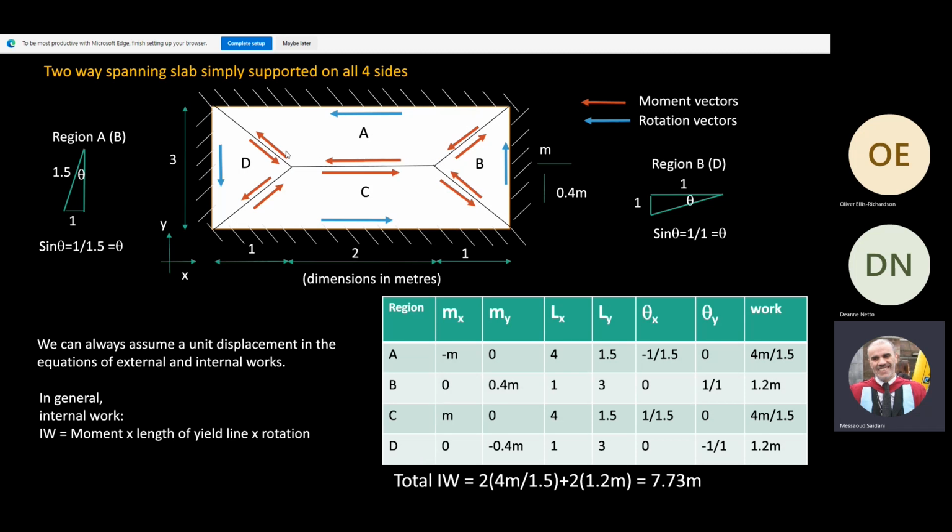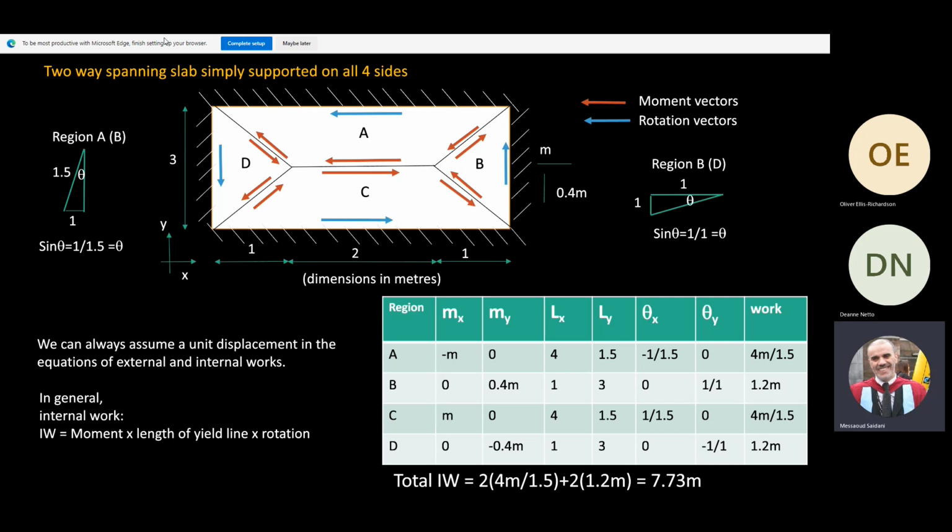Number two, these moment vectors, as I said, are going like a flow from right to left. Can you see the vector rotation? It follows the same flow from right to left. Can you see that? Yes?